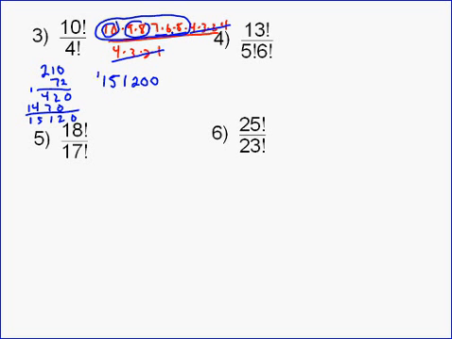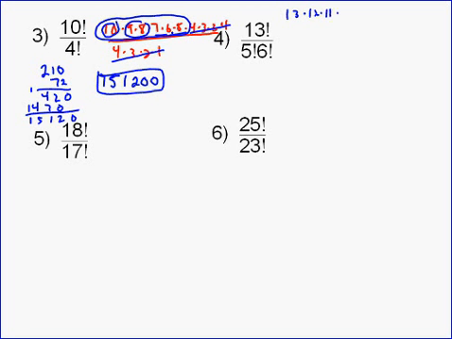So 10 factorial over 4 factorial is 151,200. And again, I'm just using some different ways to multiply these together. A lot of times you'll be able to use a calculator on these, but not always, so you want to be careful with that.